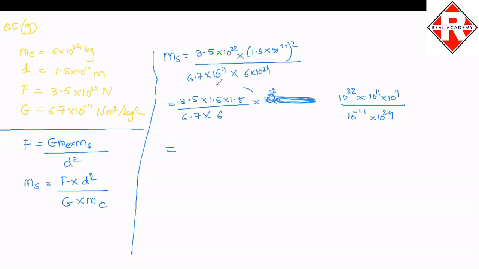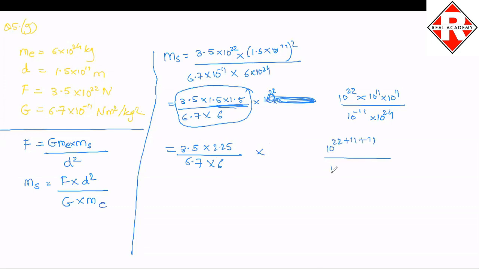Again you will have to solve this carefully. I know what is 1.5 into 1.5, so 3.5 into 2.25 upon 6.7 into 6, और ये पार्ट क्या हो जाएगा? into 10 raised to 22 plus 11 upon 10 raised to minus 11 plus 24, correct?